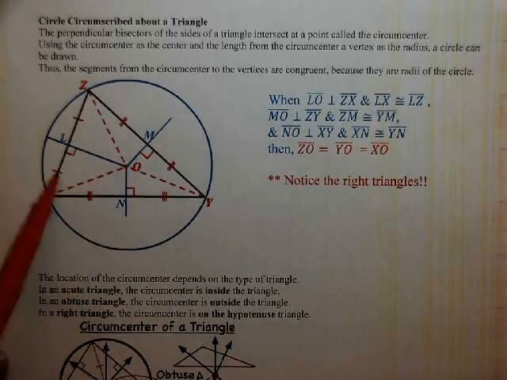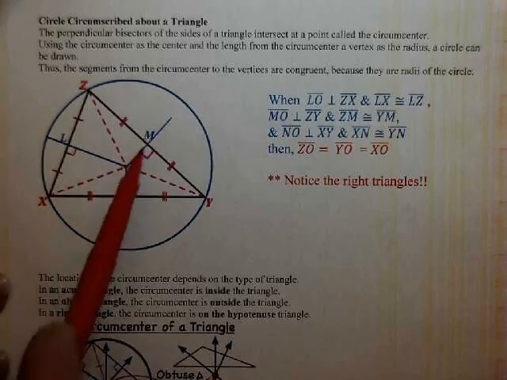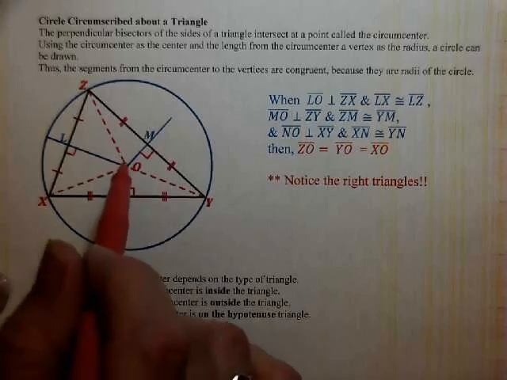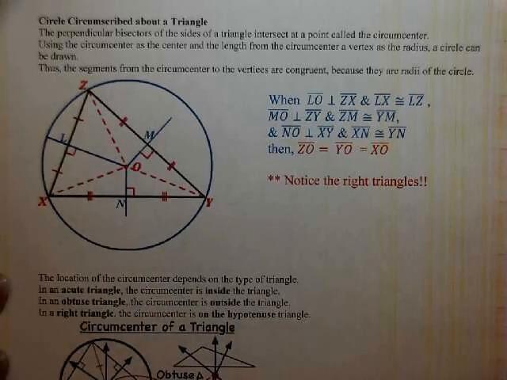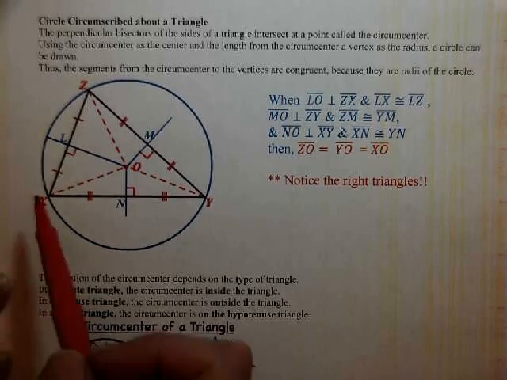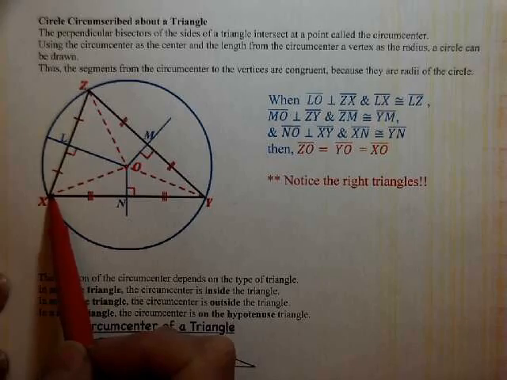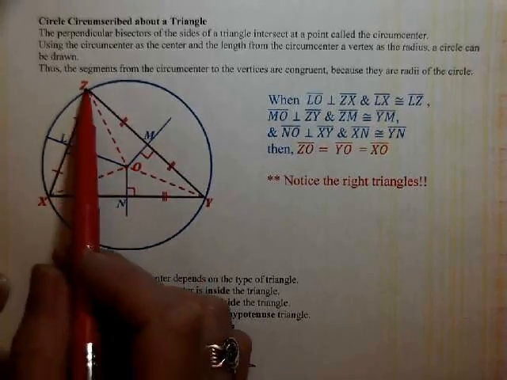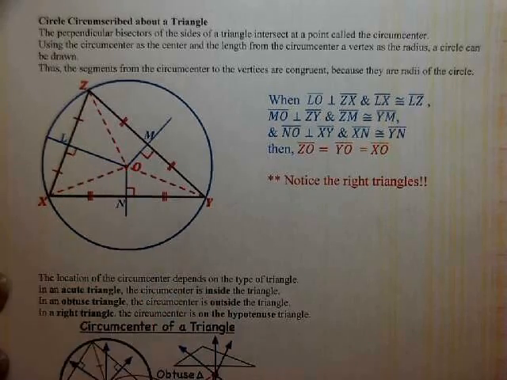So when we do this all three times, the point of intersection of these three perpendicular bisectors is the center of this circle, and we call this the circumcenter. And when we draw from the vertices of this triangle to the center of the circle, those three segments are the same length.